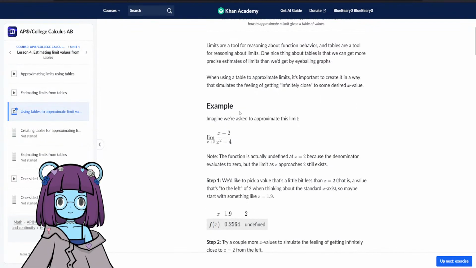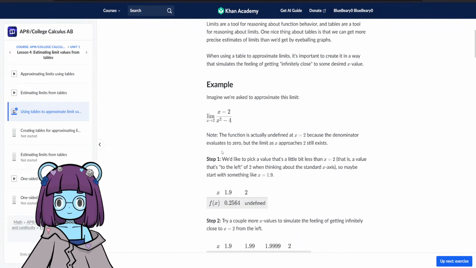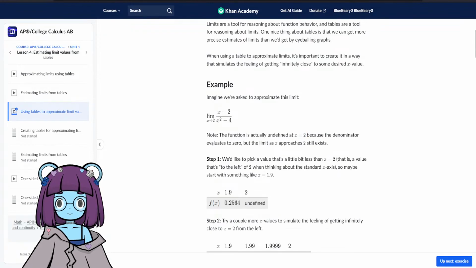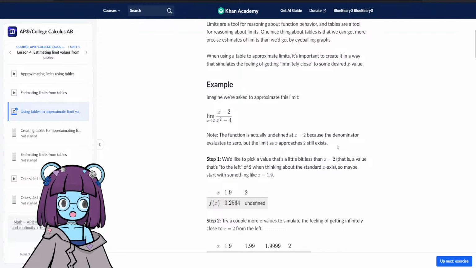Imagine we're asked to approximate this limit. The function is actually undefined at x equals 2 because the denominator evaluates to 0, but the limit as x approaches 2 still exists.